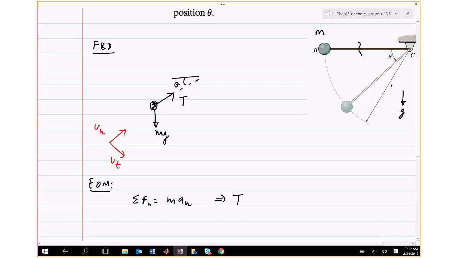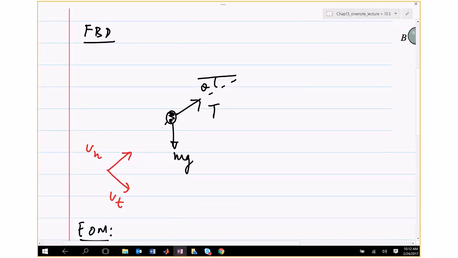Mg sine theta. So let's see how we get mg sine theta. So mg acts vertically downwards, but we need to find the force in the normal direction. So I need to find, well, this is going to be theta, and this is going to be 90 minus theta. So the component in the normal direction is mg cosine of 90 minus theta, and mg cosine of 90 minus theta is mg sine theta.